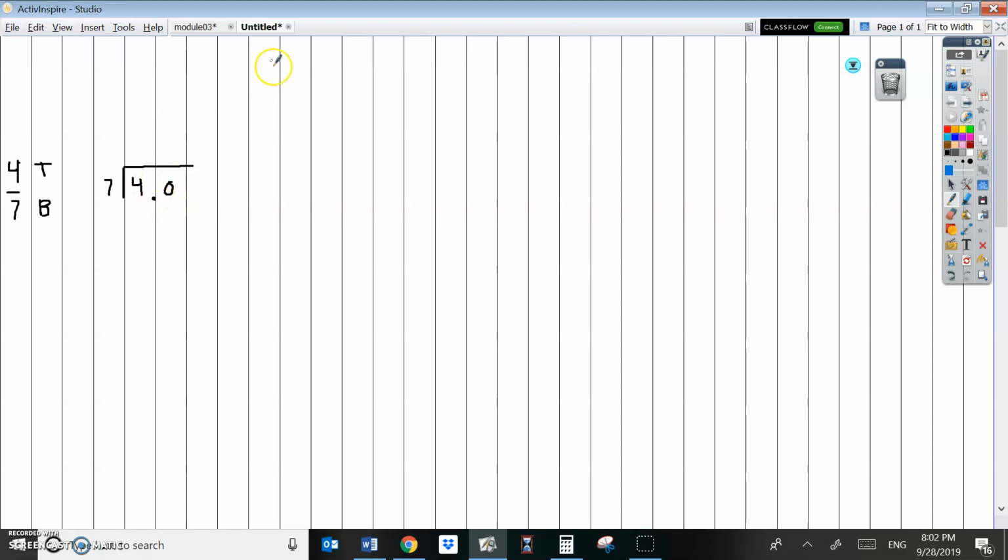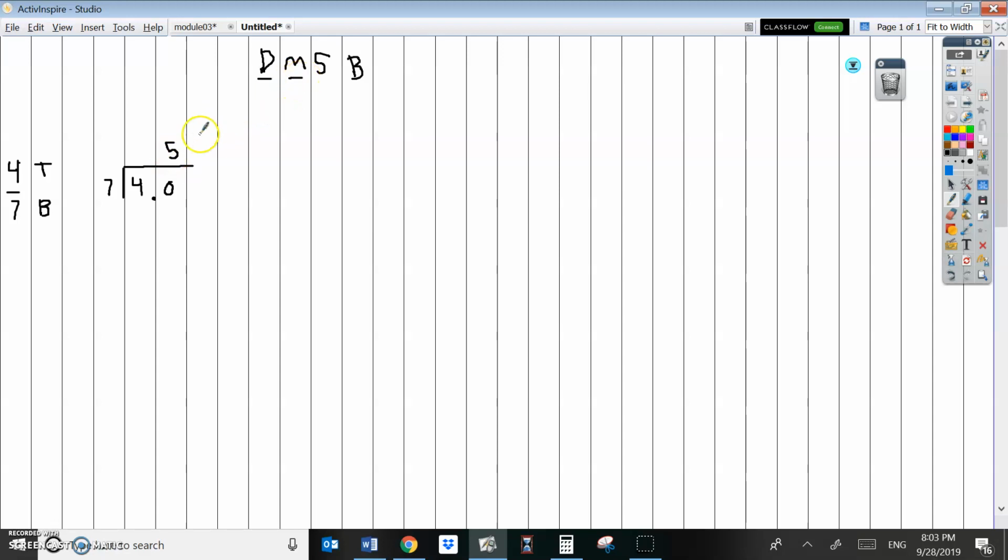The steps for dividing are divide, multiply, subtract, bring down. So step 1, divide. How many times does 7 fit into 40? Or 7 times what is about 40? 7 times 5 is 35.